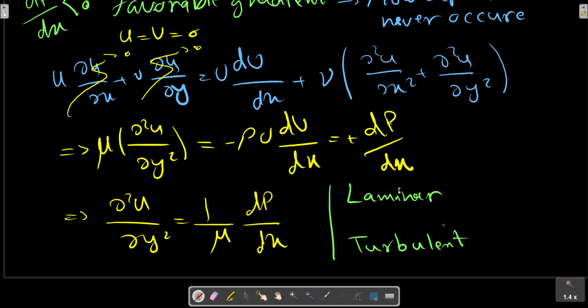Thus, in an adverse gradient, the second derivative of velocity is positive at the wall.